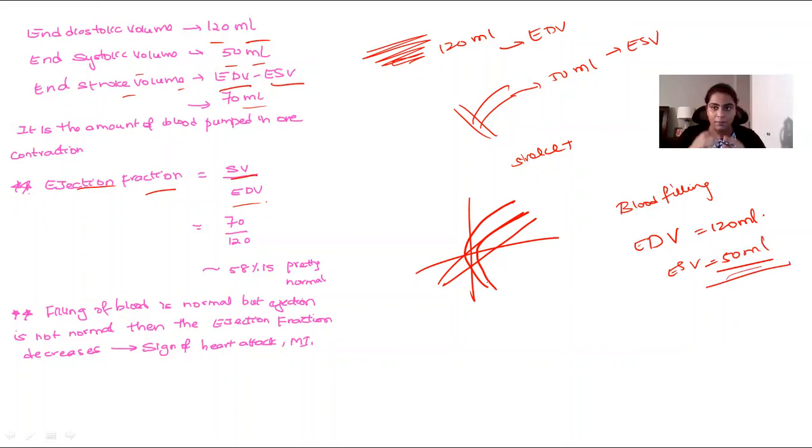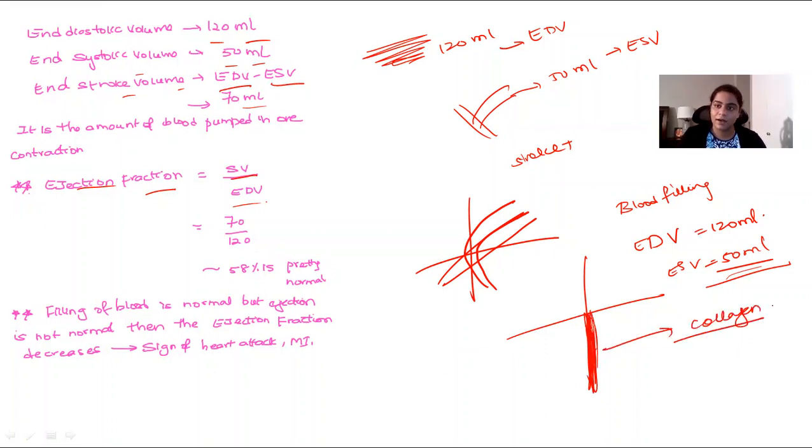How much volume is coming in and how much is pumping out should be in proportion. If there is any difference between the quantity received and the quantity sent back, there might be a problem. Also, I told you that the interventricular septum is muscular. If there is any problem in this muscle and it is being filled with collagen, that also can indicate a heart disease or a myocardial infarction.